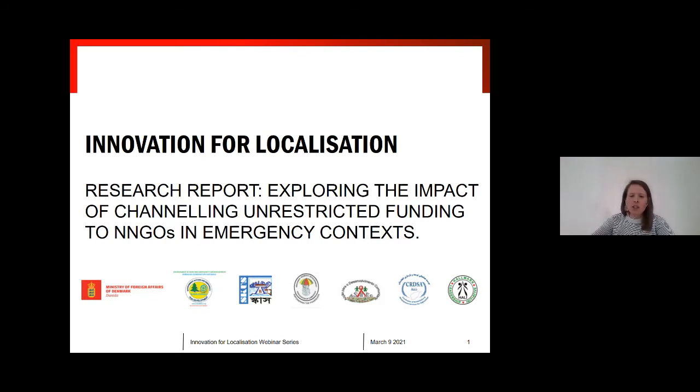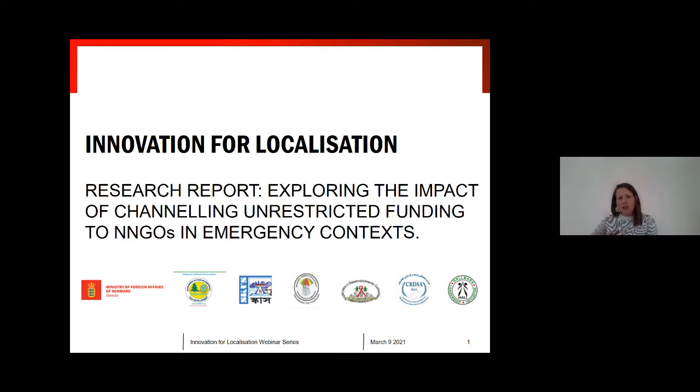The research project itself was set up to test the hypothesis that channeling unrestricted funding directly to local partners would promote agency of local partners, recognise their capacity to make their own choices, promote their own institutions' needs, and ultimately result in the provision of better humanitarian assistance.